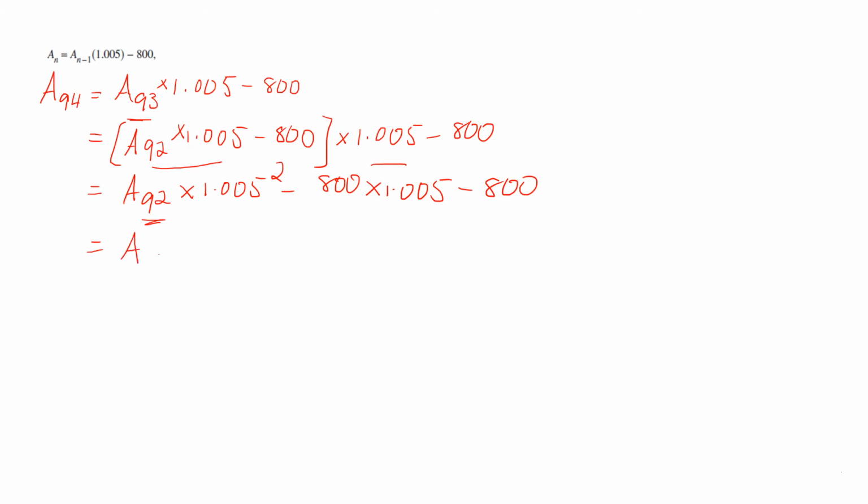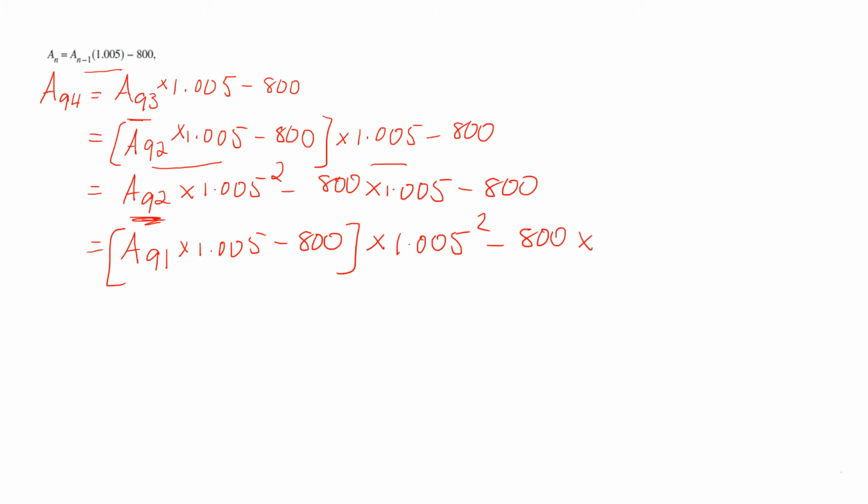Now let's put in A91. So that's A91, I'm just following this each time, times 1.005, take 800. So that's that, times 1.005 squared, take 800, times 1.005, take 800.